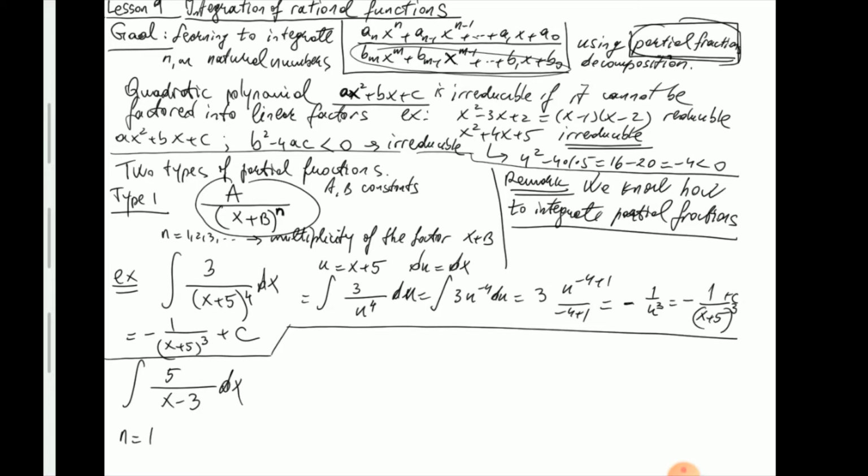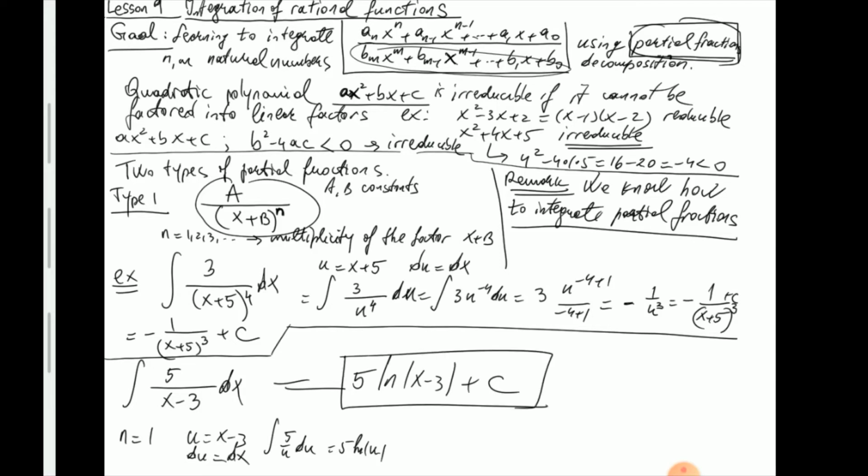You should be able to do this in your mind, but notice it's not the power rule. If you do the substitution u equals x minus 3, which means du equals dx, this becomes 5 over u du. But the integral is ln of u. So the answer is 5 ln of x minus 3 plus a constant c.